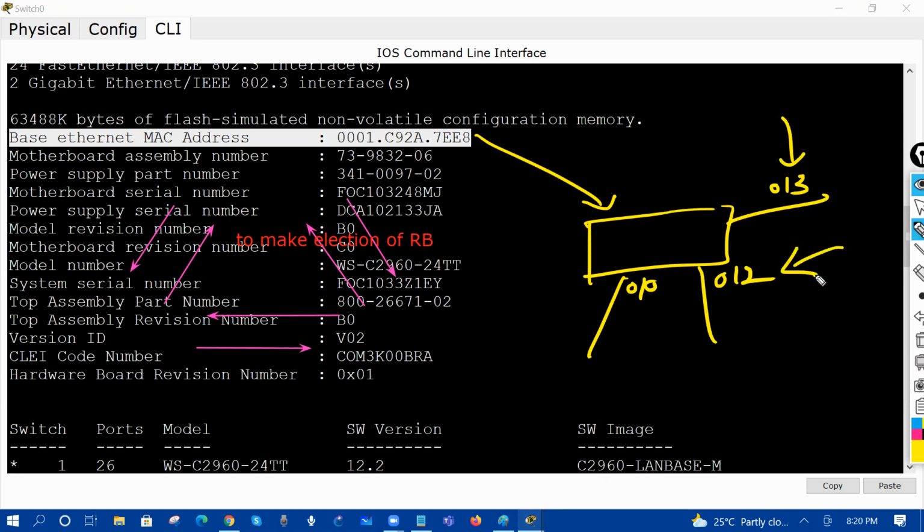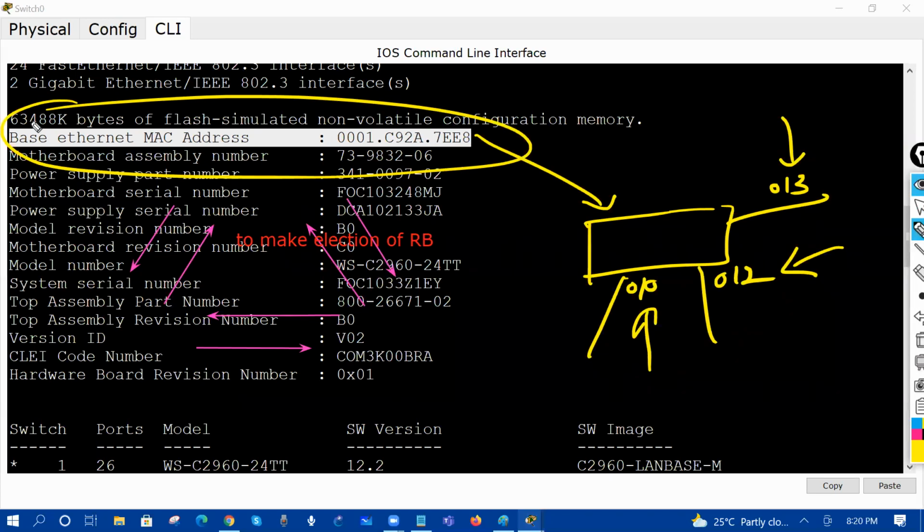I'm talking about the base MAC address, which identifies the switch, and each switch has a different base MAC address.